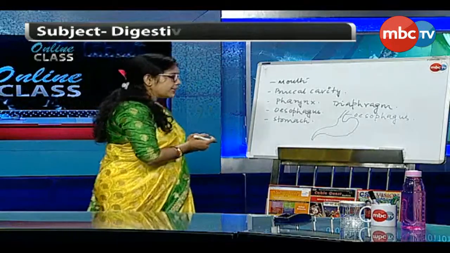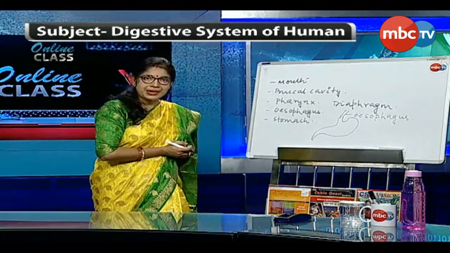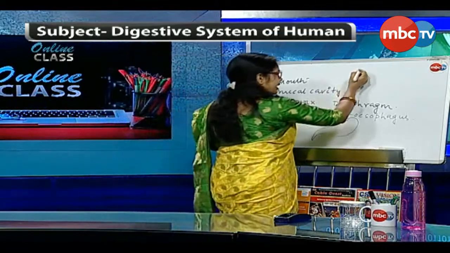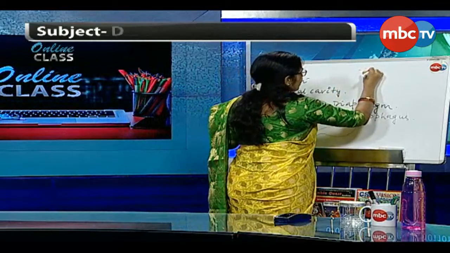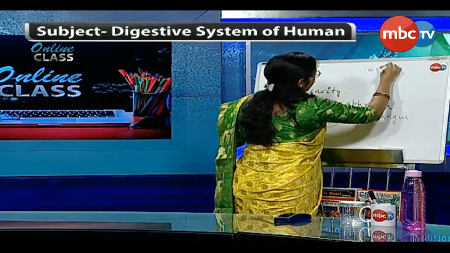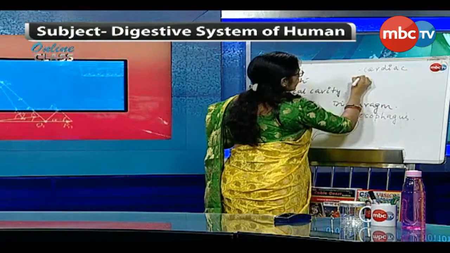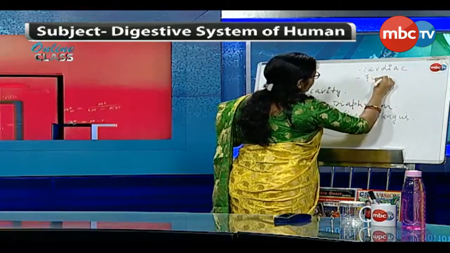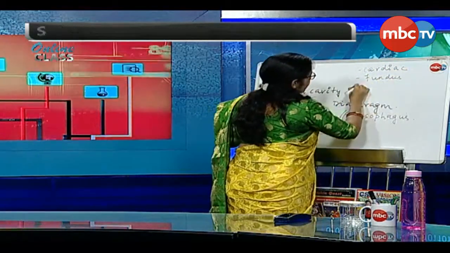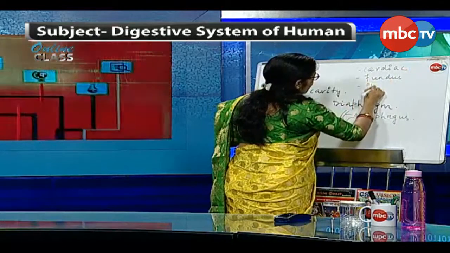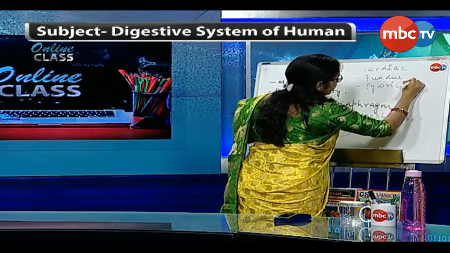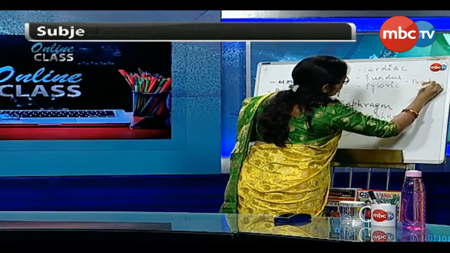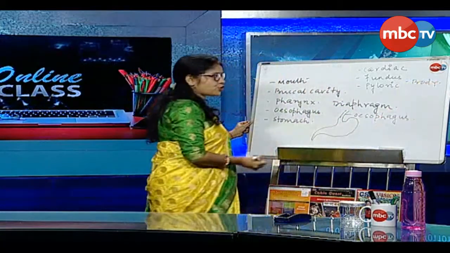So, the stomach in case of human is divided into different parts. What are the parts? The first one is the cardiac part of the stomach, second one is fundus, third one is pyloric part of the stomach and then body. So, these are the four different parts of the stomach.